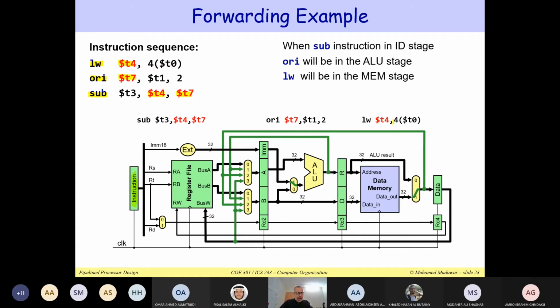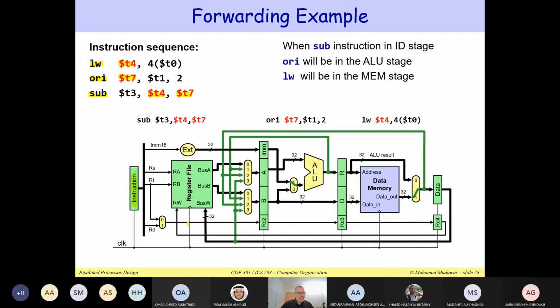Right. So now all the detection takes place in the second stage of the pipeline. So we're going to have a logic here that is going to detect that we have a read after write. So how do I detect? I need to detect that we have a read after write.